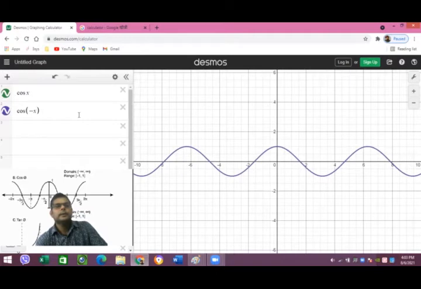But in this case, you saw that the graph of cos x in green color and the graph of cos minus x are the same, even though it has been reflected about the y-axis. You can see here this portion of the graph, if this is reflected about the y-axis, then the y-axis acts as a plane mirror.